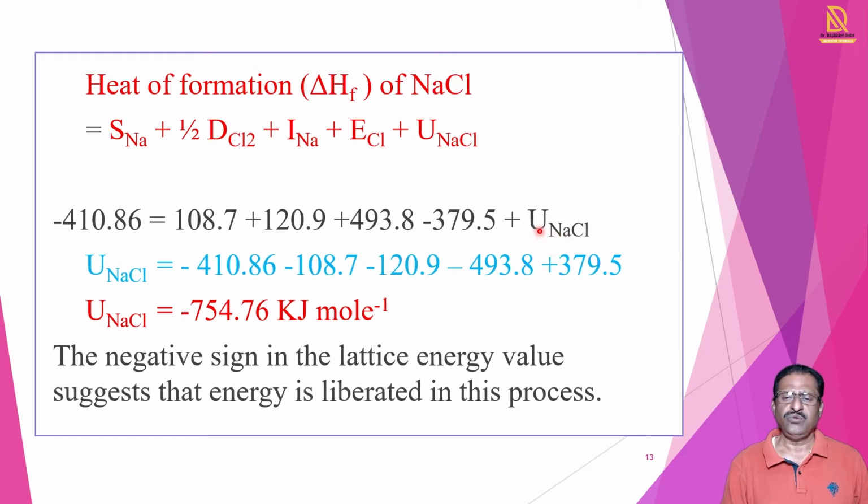So we separate U NaCl on one side, rearrange the other terms, and from that we get U NaCl equal to minus 754.76 kilojoule mole raised to minus 1. Here this energy has a minus sign. So that lattice energy value suggests that energy is liberated in this process. So at the time of formation of NaCl, energy is liberated.